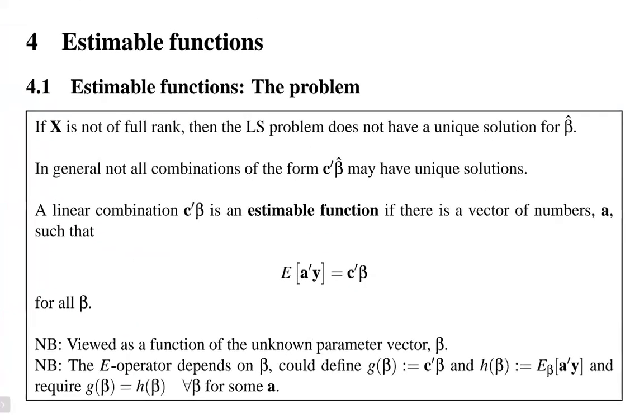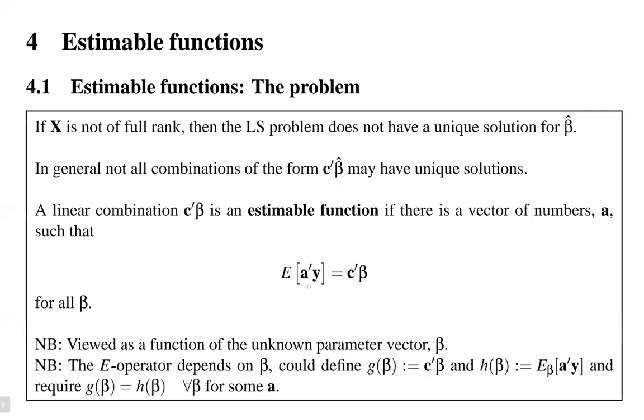An estimable function is simply a function which can be estimated. And to put some restrictions on this, when we say estimable functions in this context, we mean a linear combination of the parameters. And the estimate is a linear combination of the data.